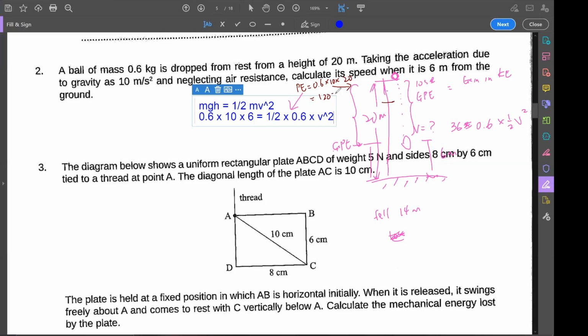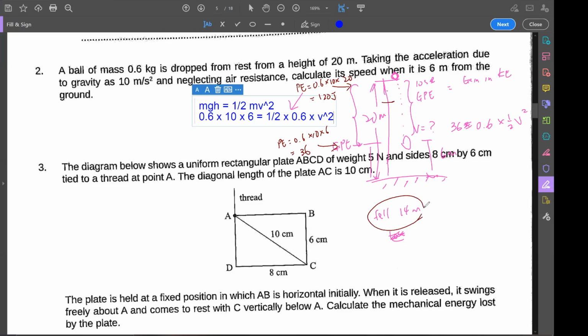When it falls until here, the PE is 0.6 times 10 times 6, which is 36.